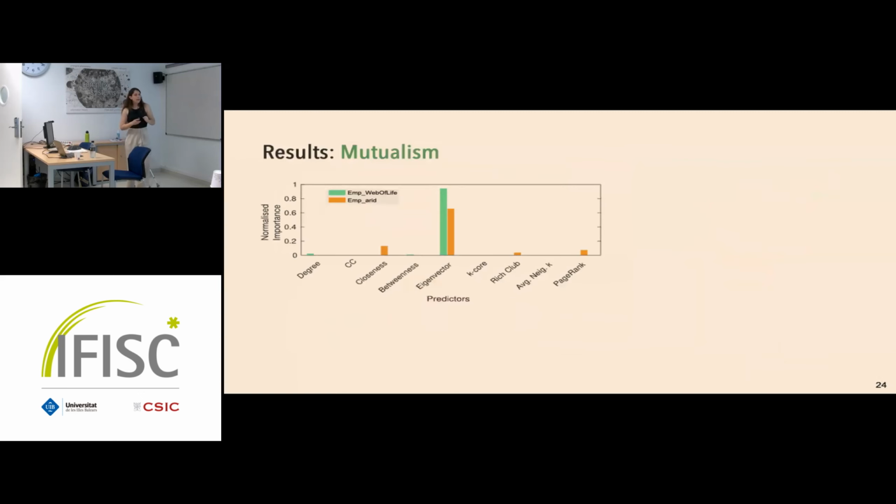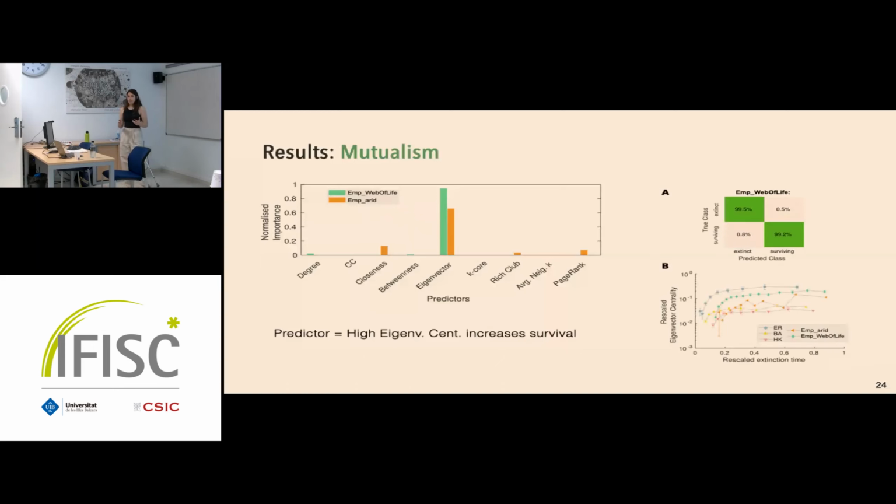For example, starting simple, just with one type of interaction, mutualism in this case, the decision tree for all these predictors tells us that for these 2 networks, which are the 2 examples of the empirical networks, the main predictor is the eigenvector centrality. And not only that, but this classification here in the confusion matrix, we can see that is pretty good.